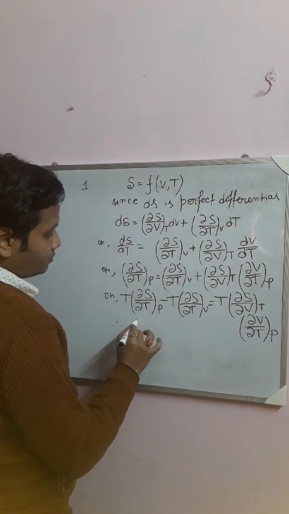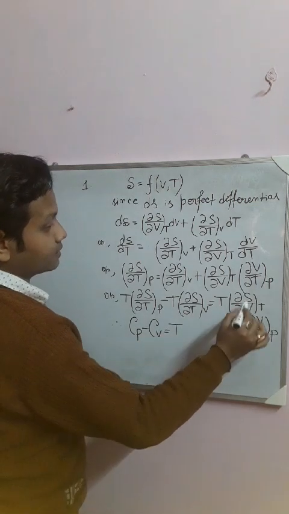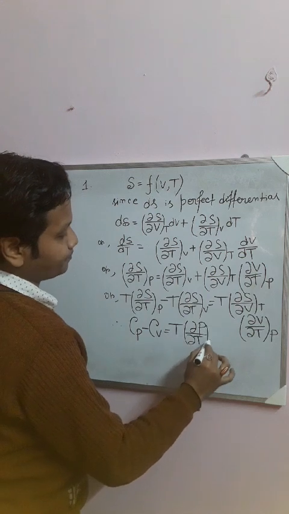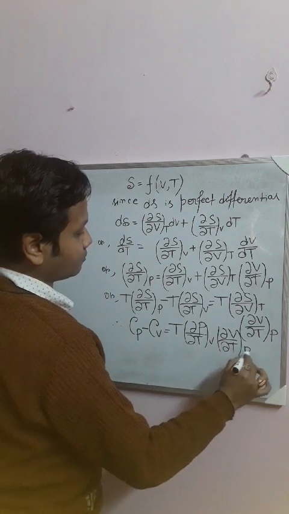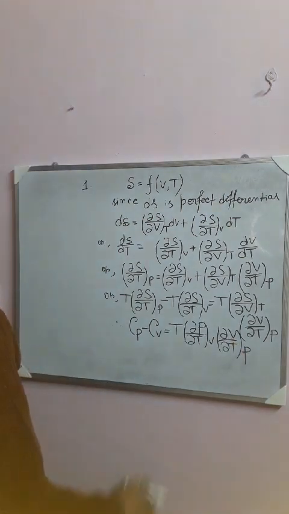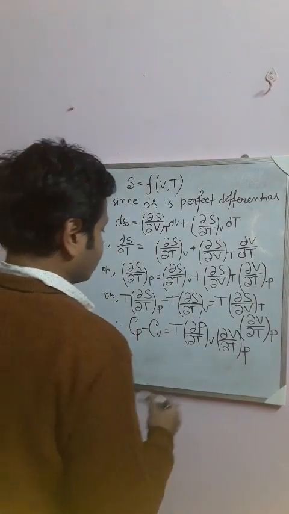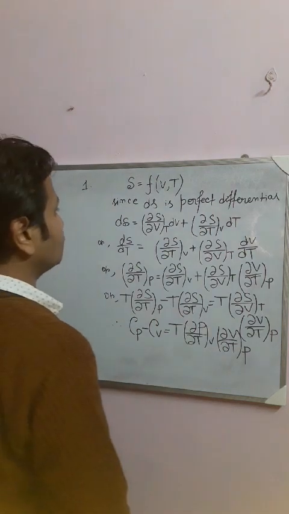So this will be my Cp and this will be my Cv. This term, from Maxwell's relation, can be written as del P del T at constant volume into del V del T at constant pressure. Now this is the general equation for the difference between the two specific heats.